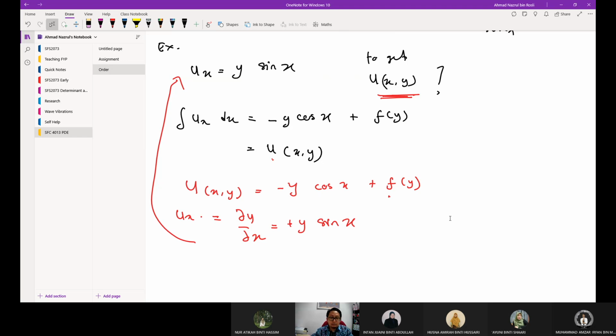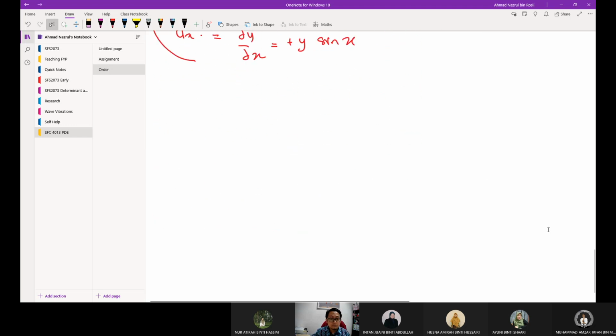Okay, another example. u_yy equal to 1. Okay, so you need to find the general solution.